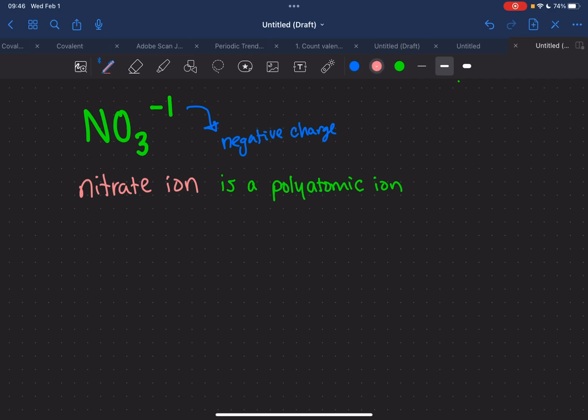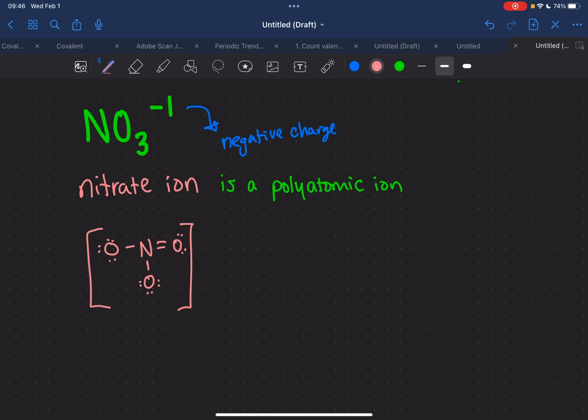And the ion looks like this. It's a nitrogen atom, double bonded to an oxygen atom, single bonded to another one, or single bonded to two more, I should say. And we can put those electrons on there like this. And this whole molecule is actually charged.